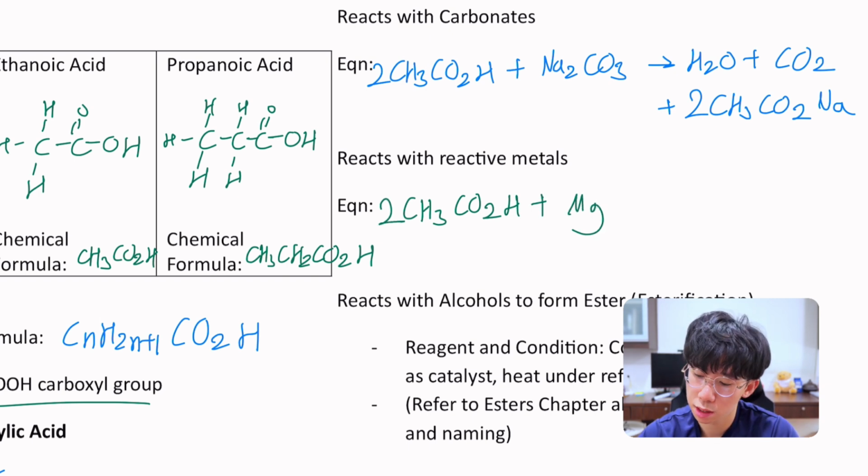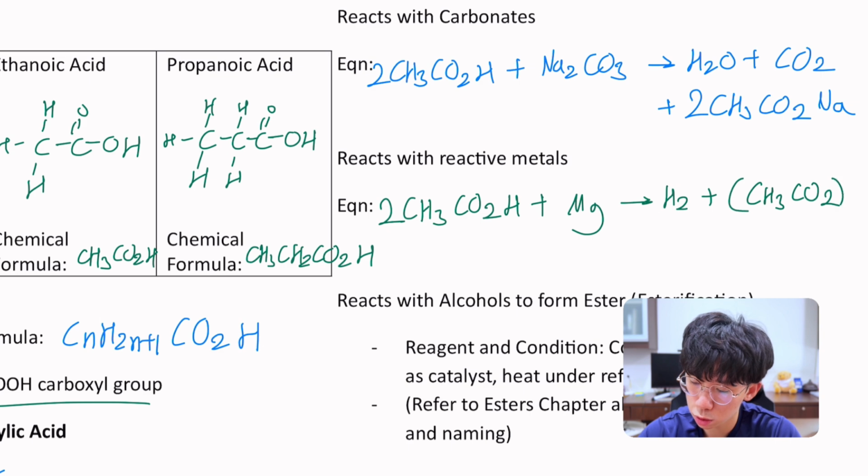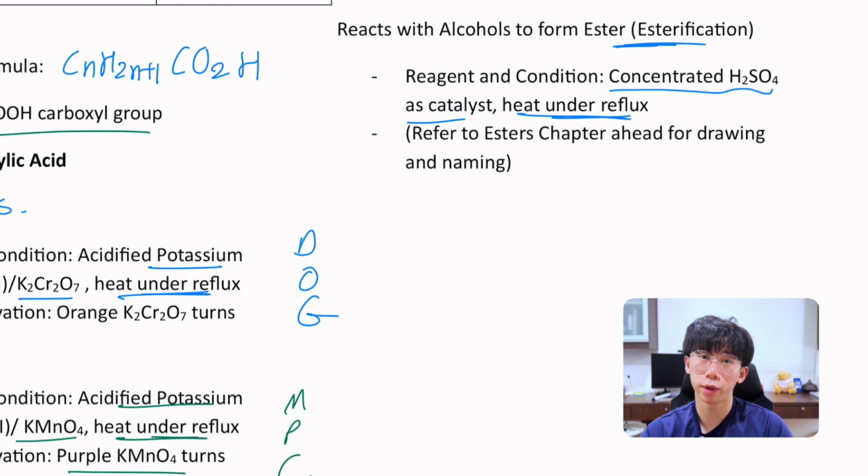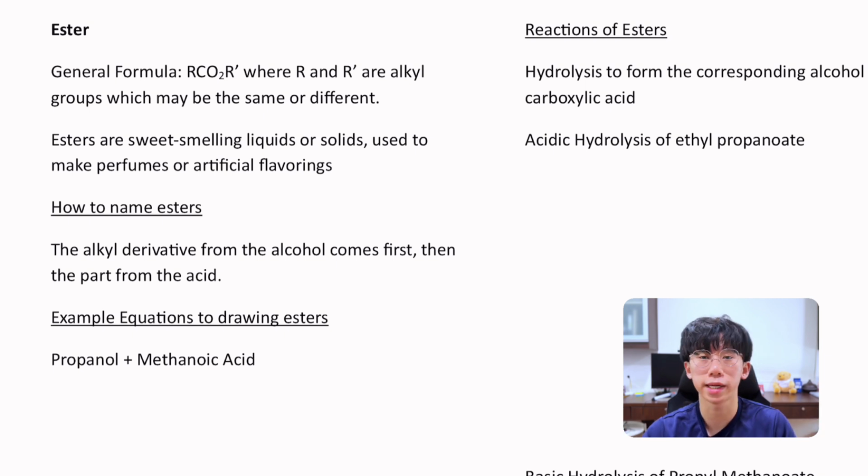You need 2 of this, and you can produce H2 gas, plus you will get (CH3CO2)2Mg, 2 of these with magnesium. And as stated before in the alcohols chapter, your alcohols can also react with carboxylic acids to give your esters. Reaction conditions are concentrated H2SO4 as a catalyst. For the reaction, you're going to refer to the esters chapter that is ahead for the drawing and the naming of esters. Yes, we have been talking about how alcohols and carboxylic acids can react together to form your esters.